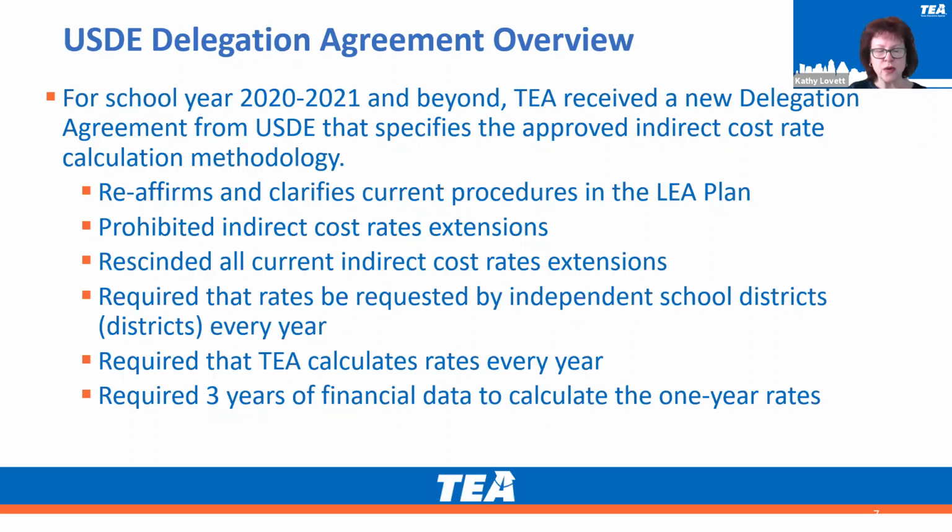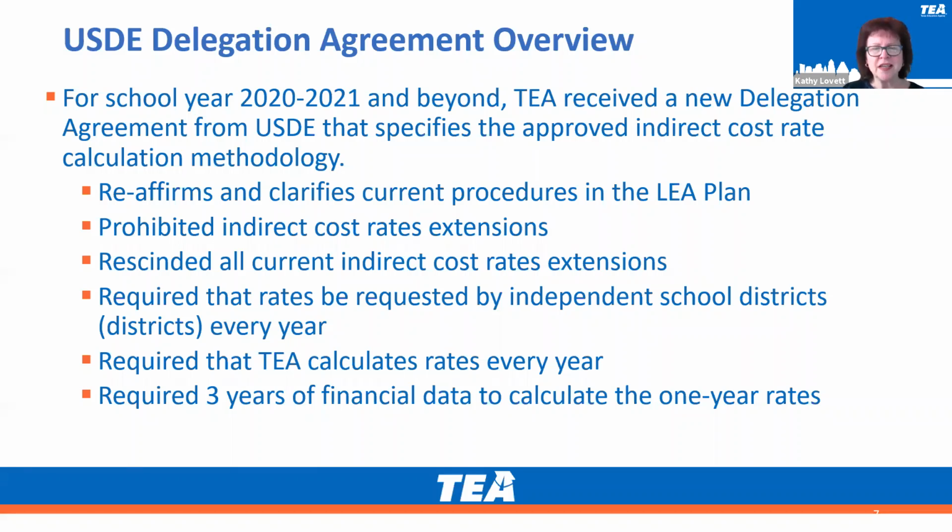So for school year 2021 and beyond, this new 5-year delegation agreement specifies the approved indirect cost rate methodology, and in that methodology, it reaffirmed and clarified our current procedures in what's called the LEA plan. It prohibited indirect cost rate extensions. It rescinded any current indirect cost rate extensions. It required that rates be requested by school districts every year.